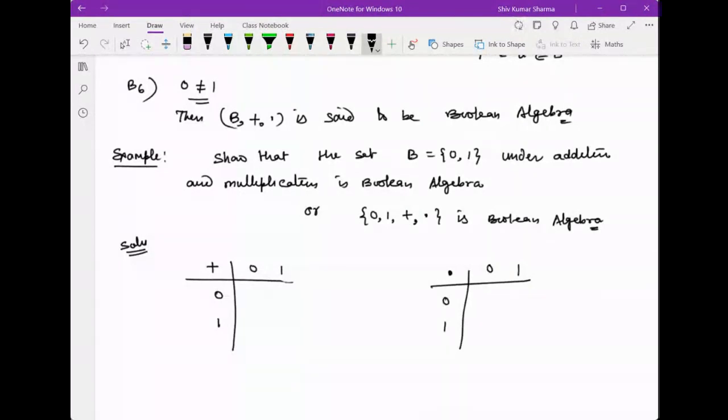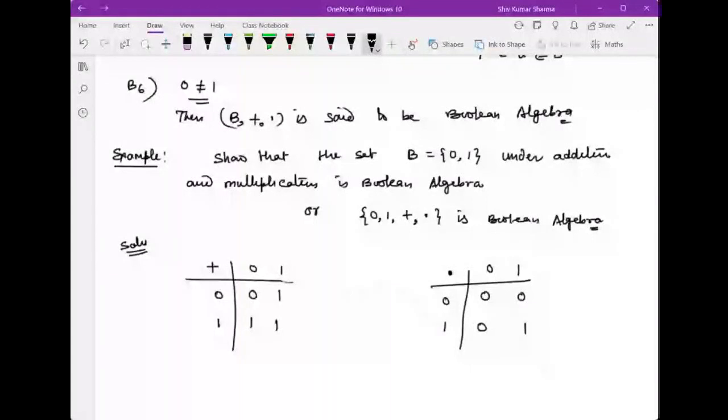So we write 0 and 1 and perform the operation addition. 0 plus 0 gives us 0, 0 plus 1 gives us 1, 1 plus 0 gives us 1, and 1 plus 1 we write as 1. So in binary, 1 plus 1 equals 1. Same for multiplication: 0 into 0 is 0, 0 into 1 is 0, 1 into 0 is 0, and 1 into 1 is 1.